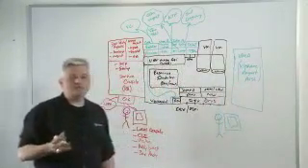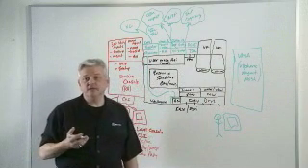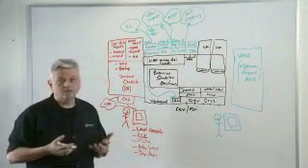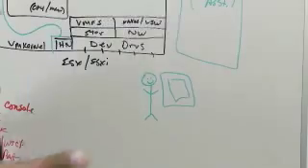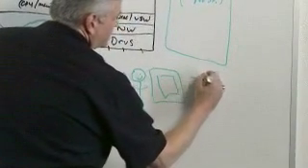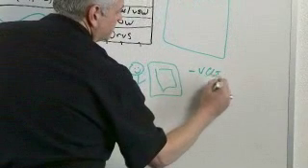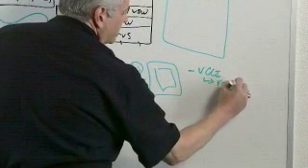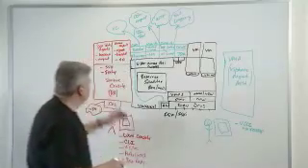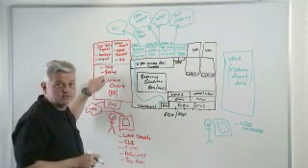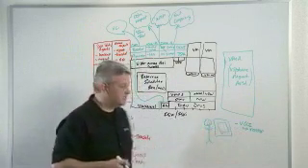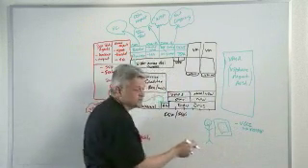The vSphere Management Assistant is actually a CentOS-based virtual appliance loaded with tools to be able to manage and deploy and maintain the environment. Some of these things are the vCLI scripting environment, which also features our ESX top. So this would be analogous to the ESX top that we've typically done in the service console. This is a remote version of it that's executed from the vCLI through the vSphere Management Assistant.